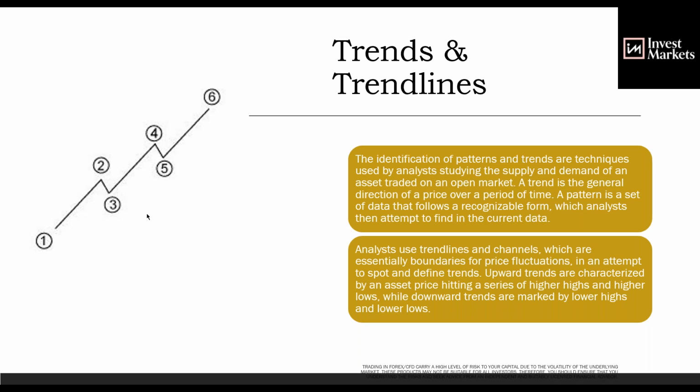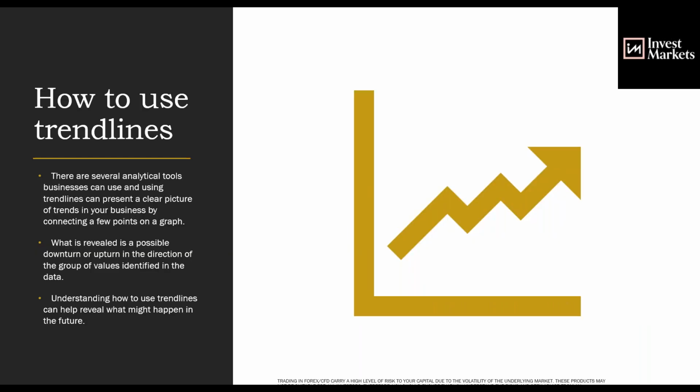And then we can start making certain trading assumptions. So analysts use trend lines and channels, which are essentially boundaries for price fluctuations in an attempt to spot and define the trends. Upward trends are characterized by an asset price hitting a series of higher highs and higher lows, while downtrends are a series of lower lows and lower highs.